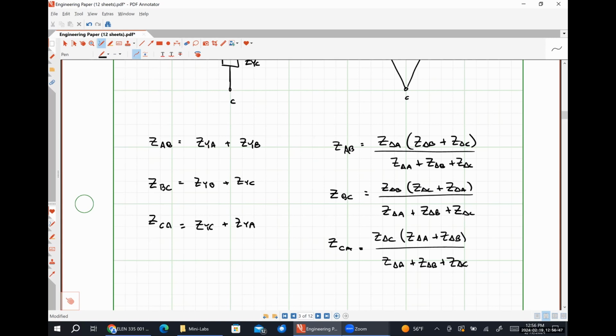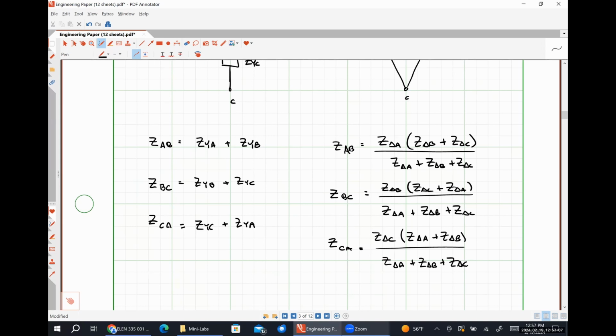All right, so we're trying to figure out a transformation between these two forms. So effectively, what we have here is a three equation, three unknown system. Let me explain what I mean by that.